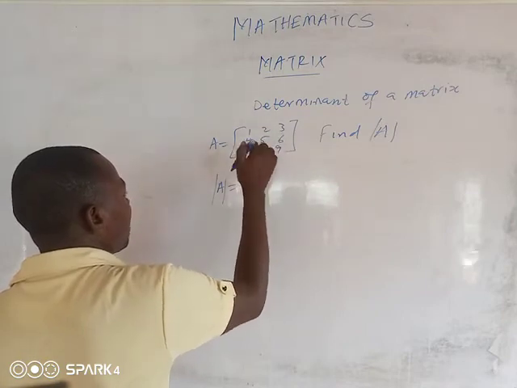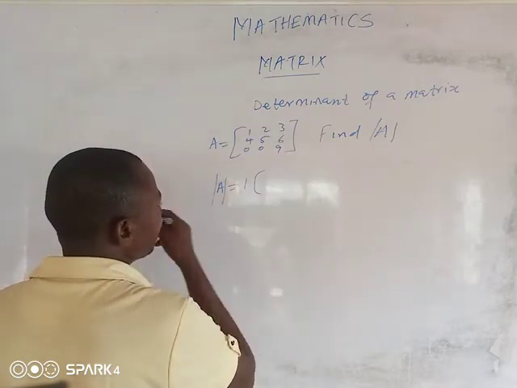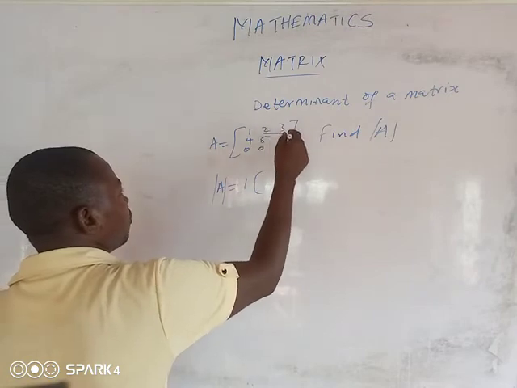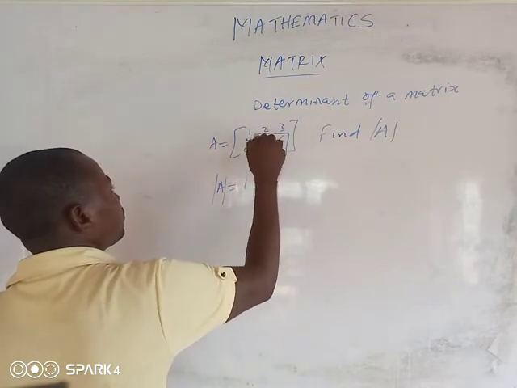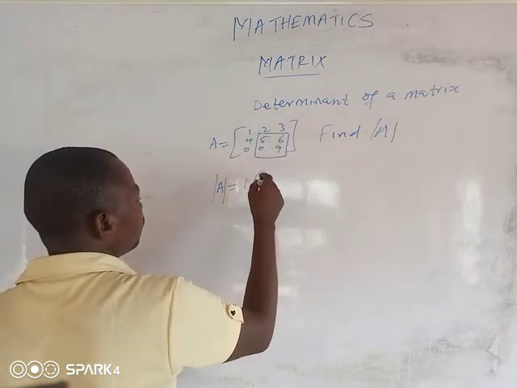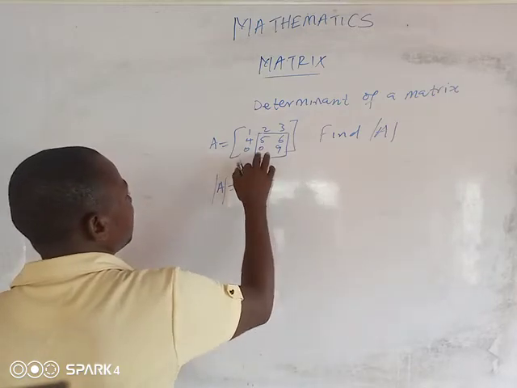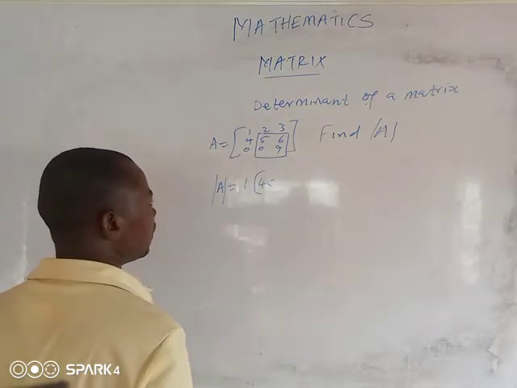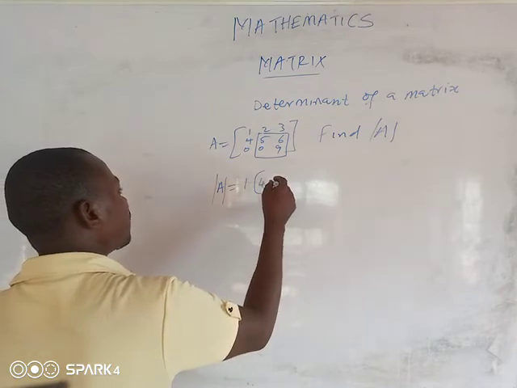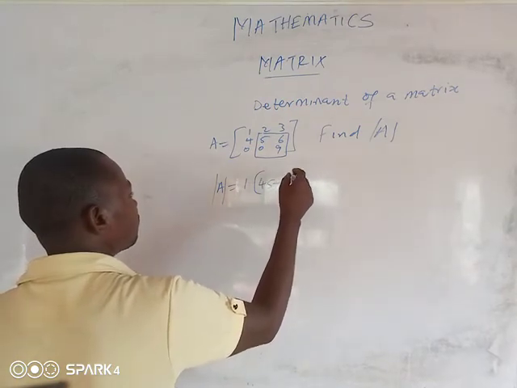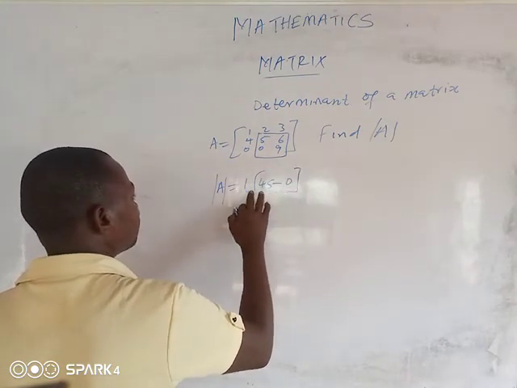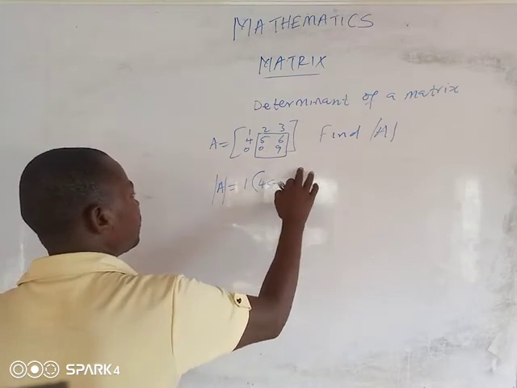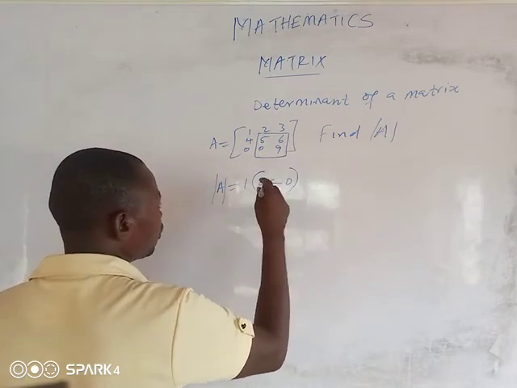So I'll pick 1, then I will not cross this one. So I'll use 5 times 9, which is going to give me 45. 0 times 6 is going to give me 0. But there's a natural minus in between the cross.